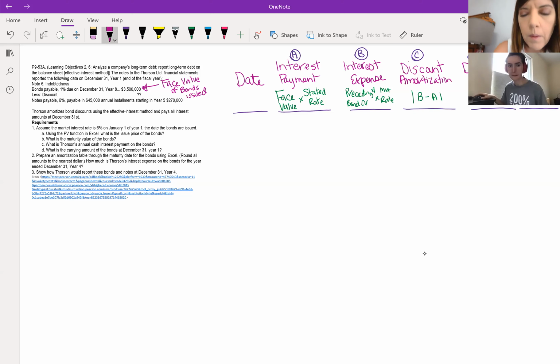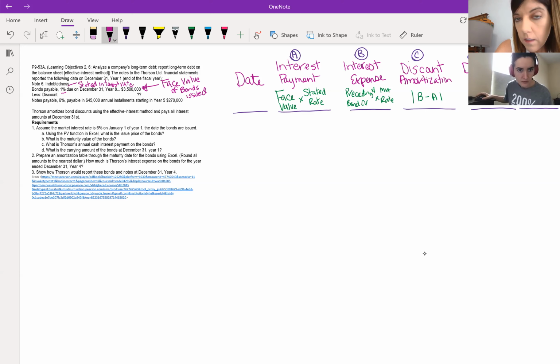That's what we're going to have to pay back at the end of year 8. 1% is the stated rate. So the stated interest rate. So these bonds will be paying 1% interest each year over the life of the bonds.